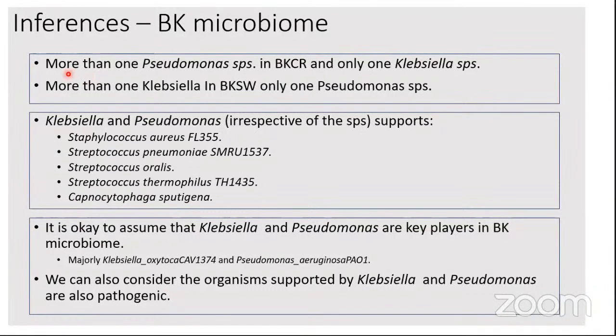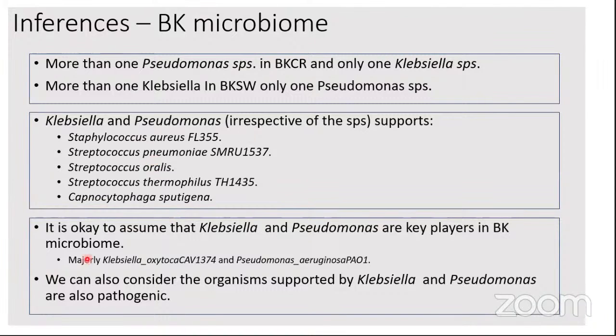I can say that there was more than one Pseudomonas species in bacterial keratosis BKCR, and only one Klebsiella species was present. Whereas in BKSW, it was the opposite. We had more than one Klebsiella and only one Pseudomonas species. So on the whole, Klebsiella and Pseudomonas collectively support all these microbes.